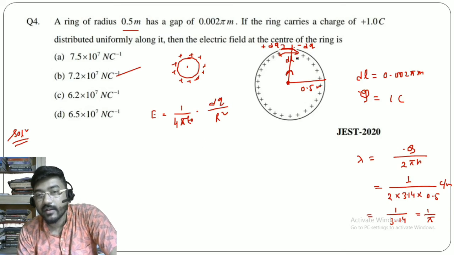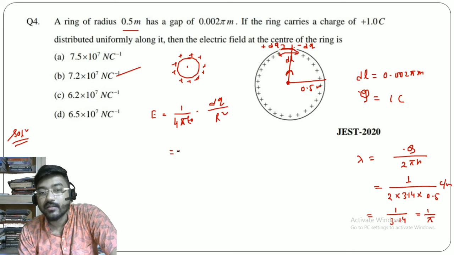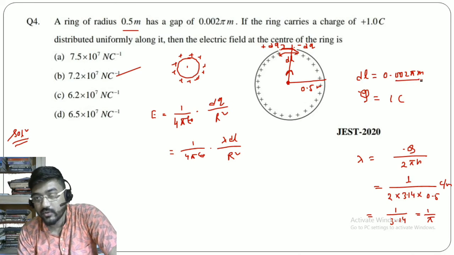Simply dq by r square. And what will be this dq? dq will be lambda dl. So it will be 1 upon 4 pi epsilon naught into lambda dl upon r square. We know the value of lambda and the value of dl. dl is 0.002 pi.